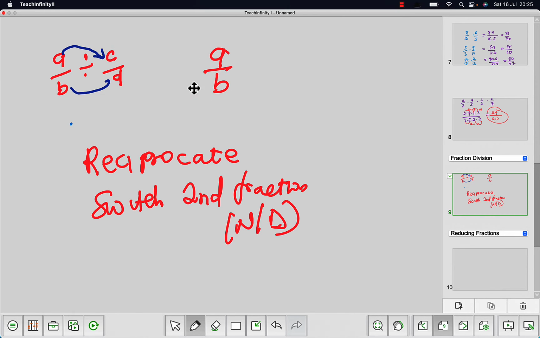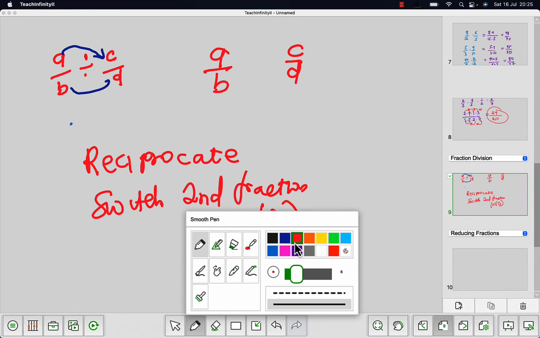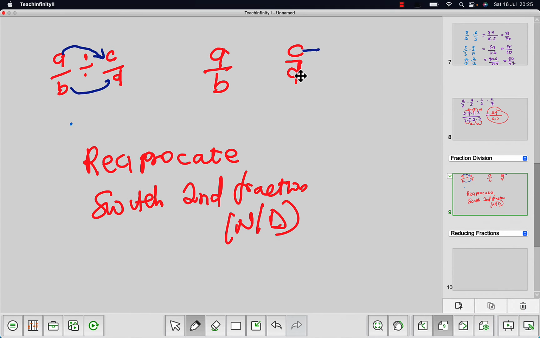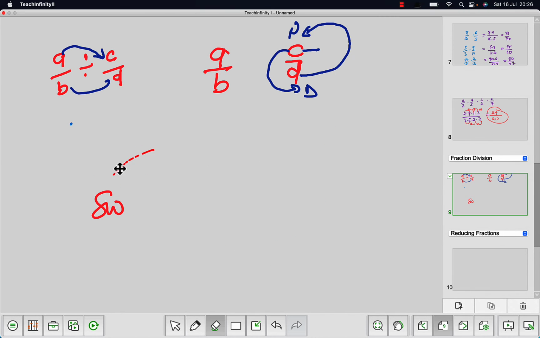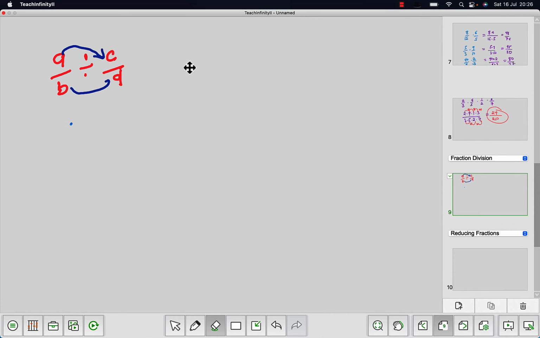In the second fraction we have c over d, where c is the numerator and d is the denominator, but we're going to switch. D is going to go up as numerator and c is going to come down as denominator. It's very simple. That is the concept of reciprocation, switching the second fraction. So here I have a over b, then I'm going to have d over c.